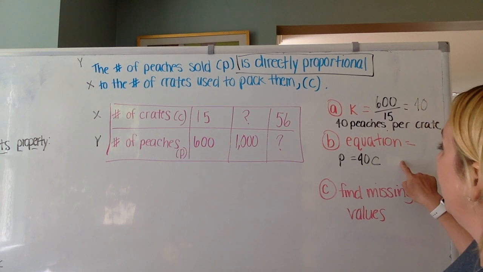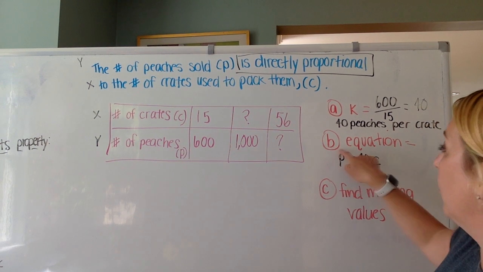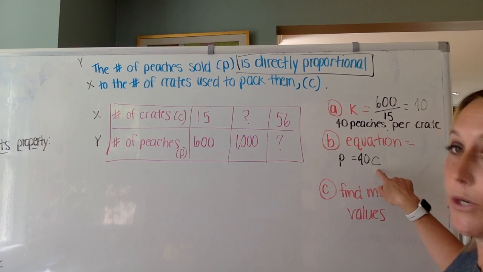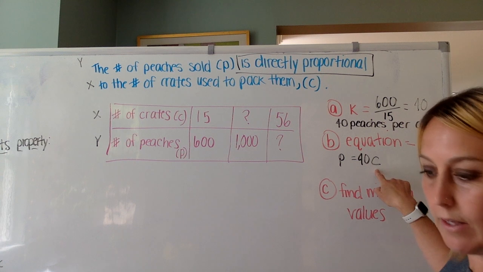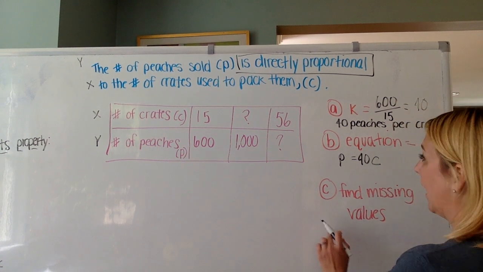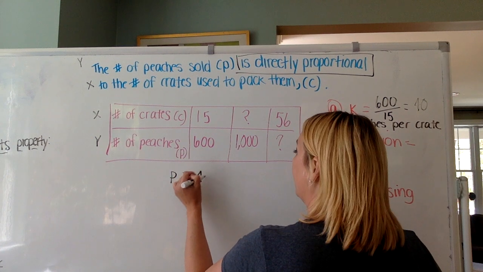So my direct proportion equation is P equals 40 times C, meaning the total number of peaches is equal to 40 peaches per crate, so 40 times each crate that is packed. And then, what are the missing values? I can use this formula to help me find them.